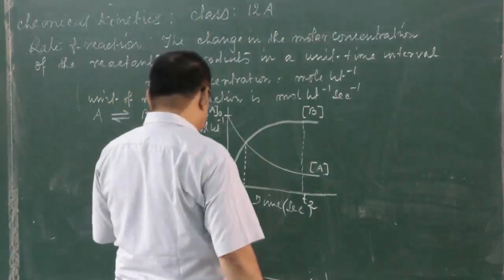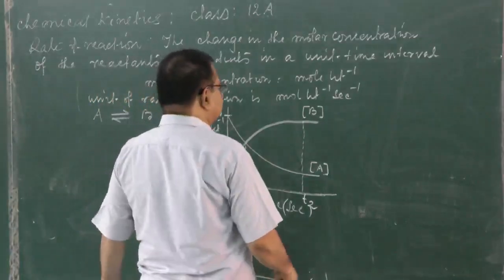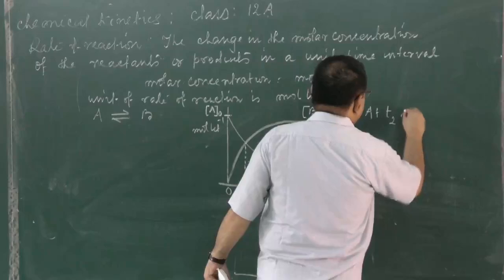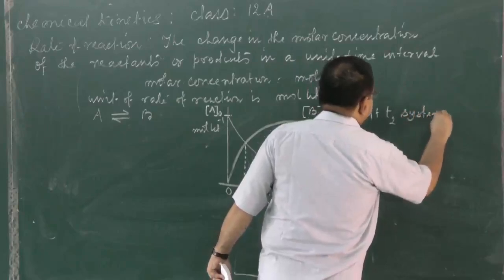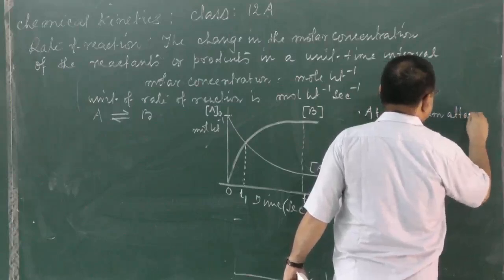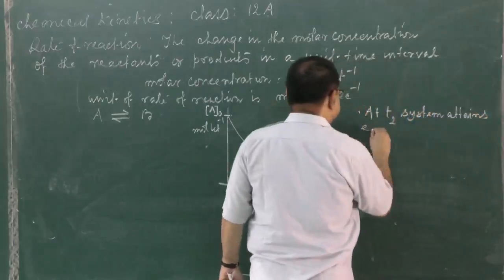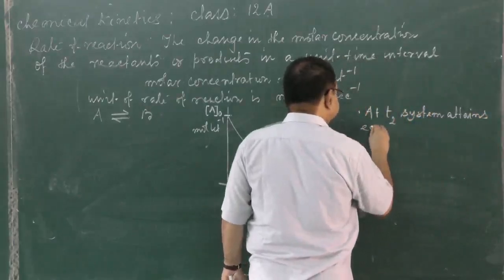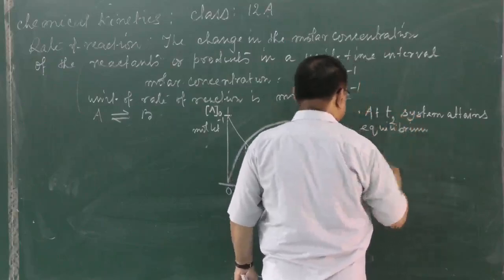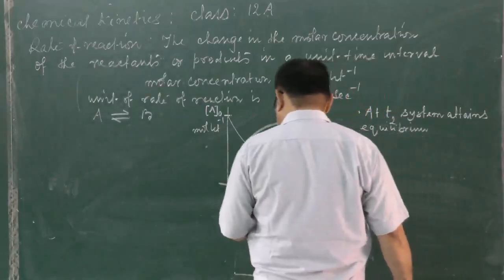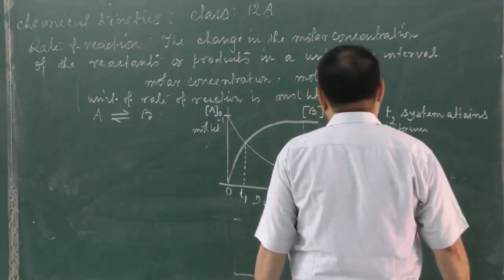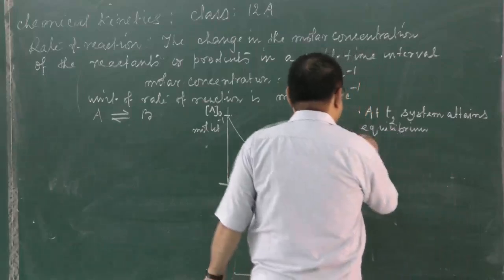At t2 the system attains equilibrium. And when does reversibility start?